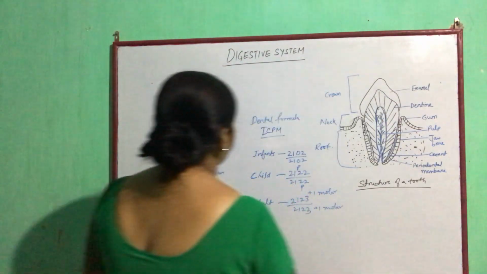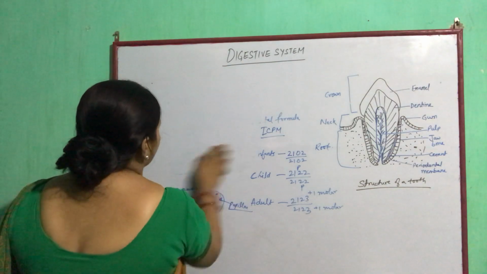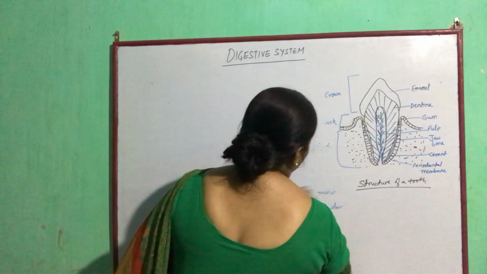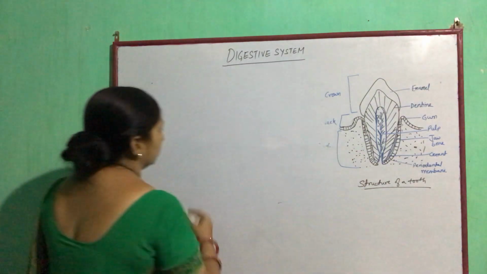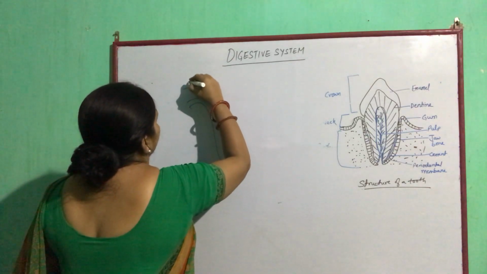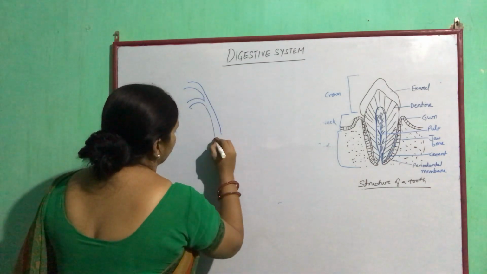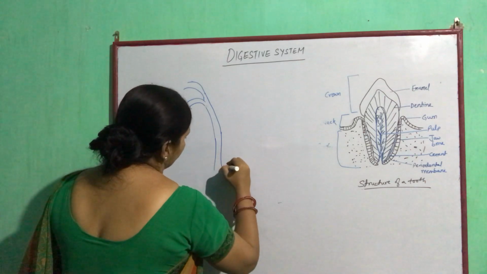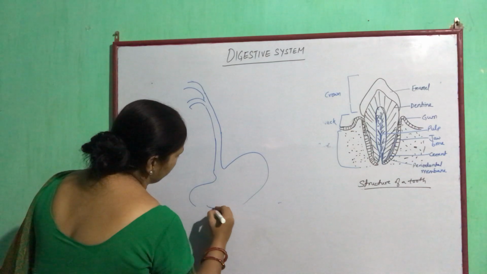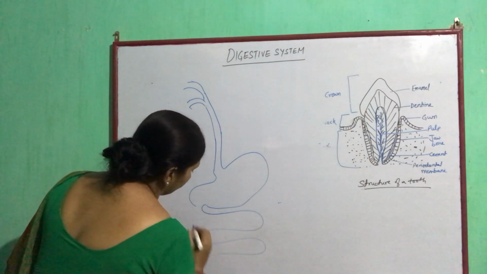So the next part is, after ingestion, engulfing the food, and this takes place through the mouth, nasal cavity, pharynx, and a long tubular structure, the esophagus, then the J-shaped structure which is the stomach, then the long tubular intestine.